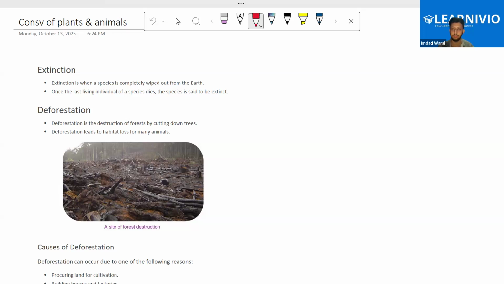Ready? Yes. So the chapter that we are going to deal with is conservation of plants and animals, right?